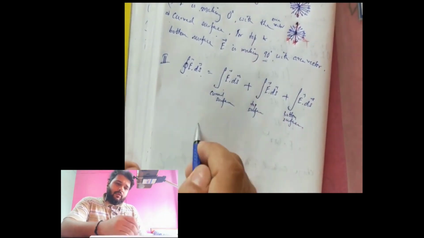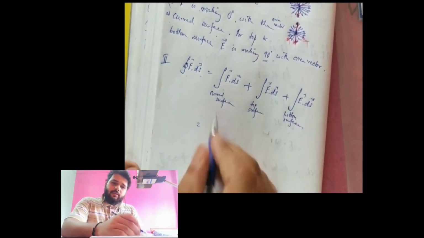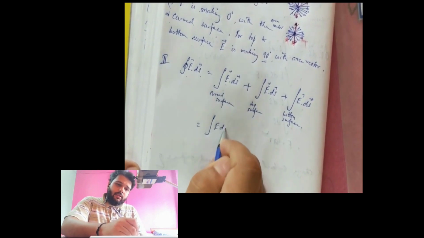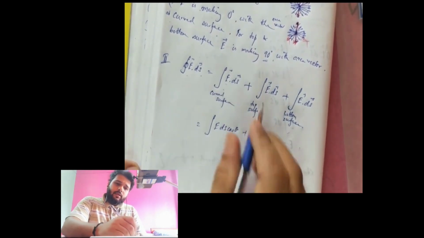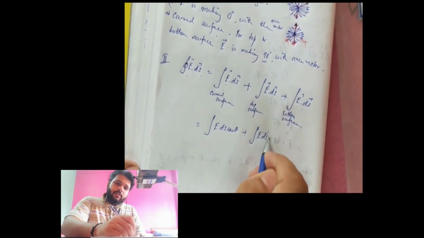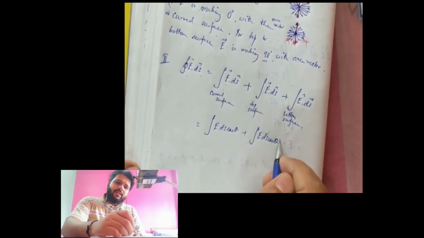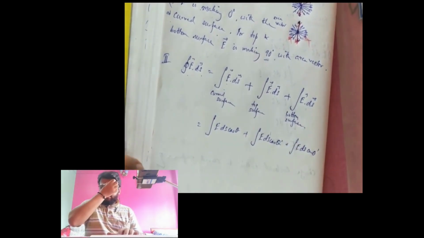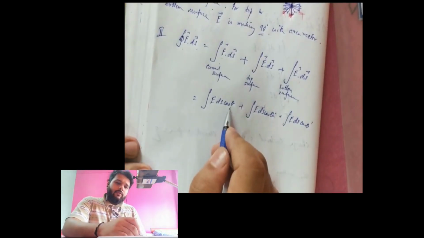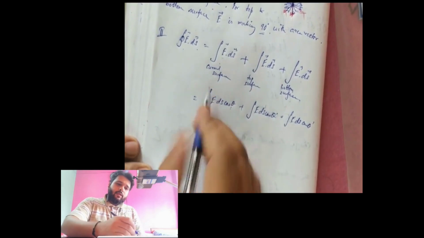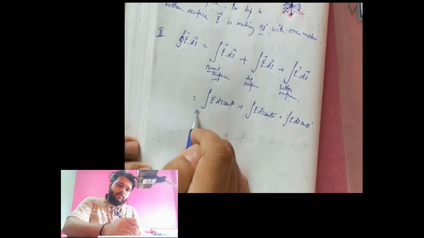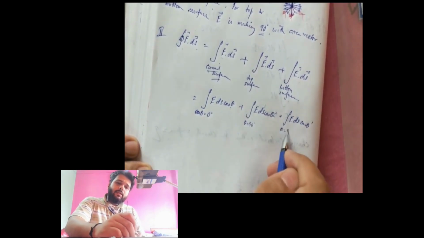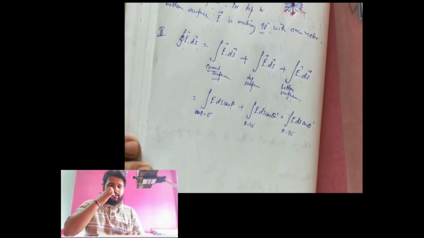Now if I write down the magnitude, we'll get E dS cos theta, plus E dS cos theta, and for the top and bottom I'm writing theta dash, plus E dS cos theta dash. Now we know the value of theta is 0 degree for the curved surface, and for the top surface the value of theta was 90 degree, that's why I've taken it as theta dash.